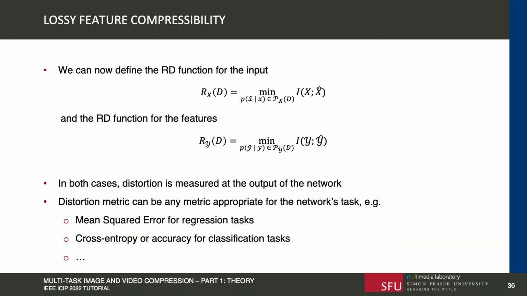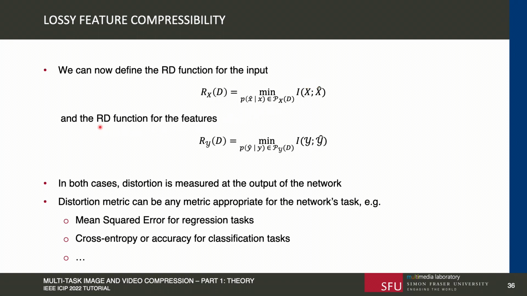So using these redefined feasible quantizers, we can now define the rate distortion functions for input and features relative to the distortion at the output. So we say that the rate distortion function for x at some output distortion level d is the minimum over all feasible quantizers of x for the output distortion d of the mutual information between x and x hat.